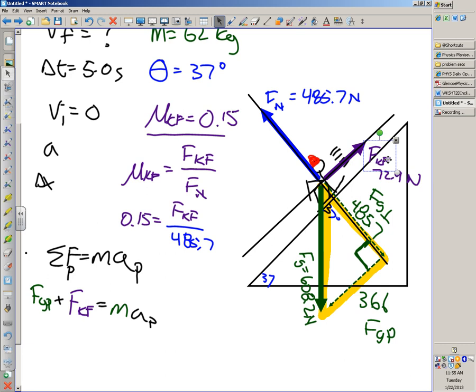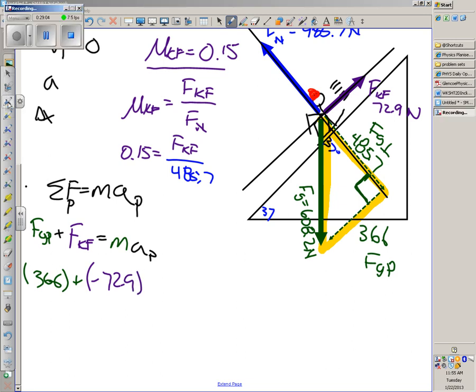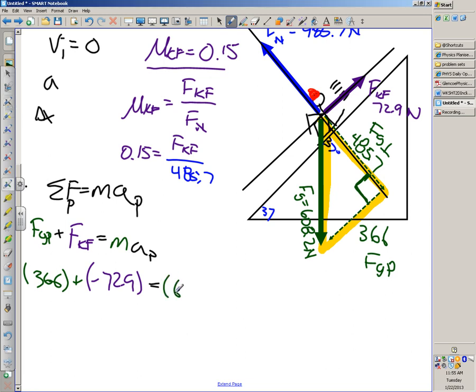So 366 plus negative 72.9 has to equal 62 kilograms times the acceleration.